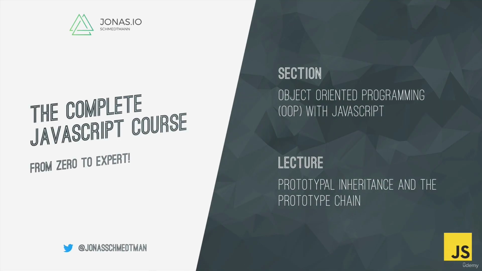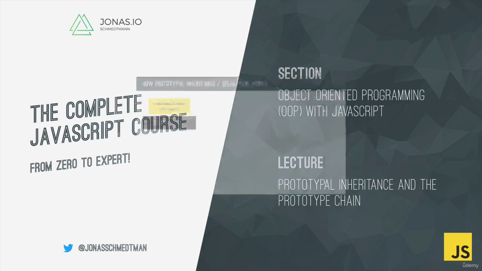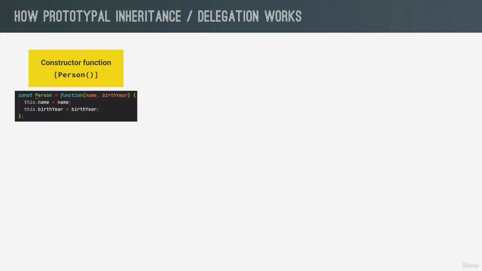Let's now consolidate the knowledge that we got over the last two videos in a nice diagram that brings everything together that we know so far. And everything starts with the Person constructor function that we've been developing.